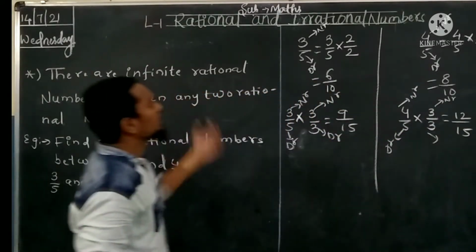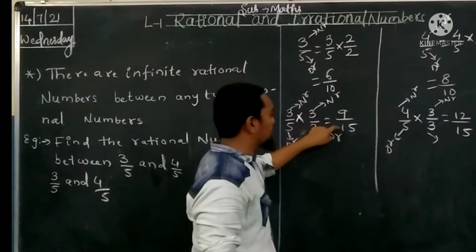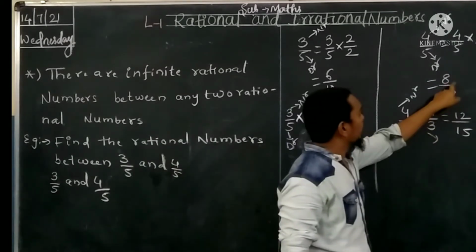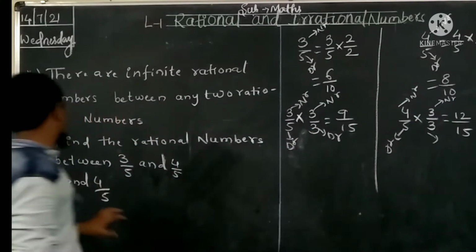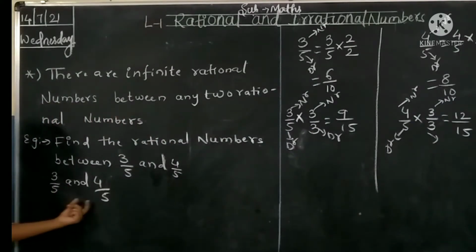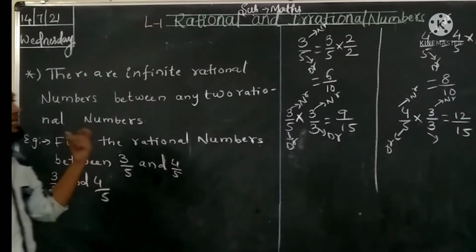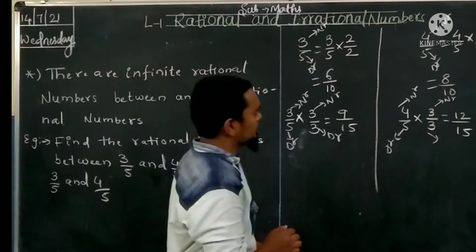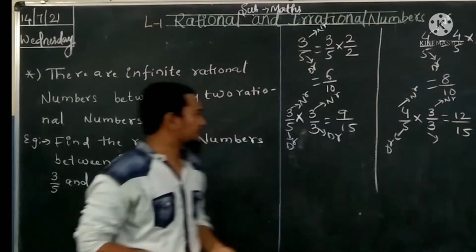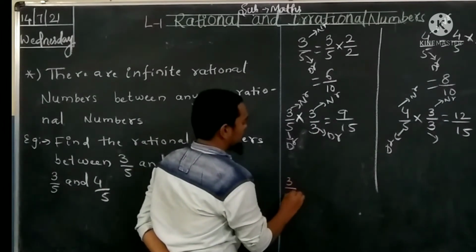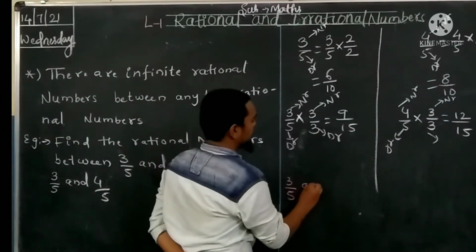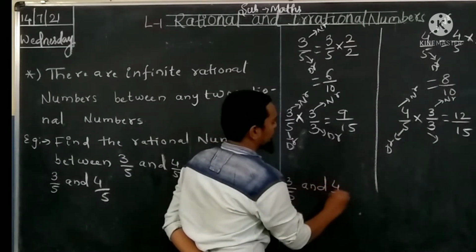These, 6 upon 10, 9 upon 15, 8 upon 10 and 12 upon 15, are in between the rational numbers 3 upon 5 and 4 upon 5. Okay, next.